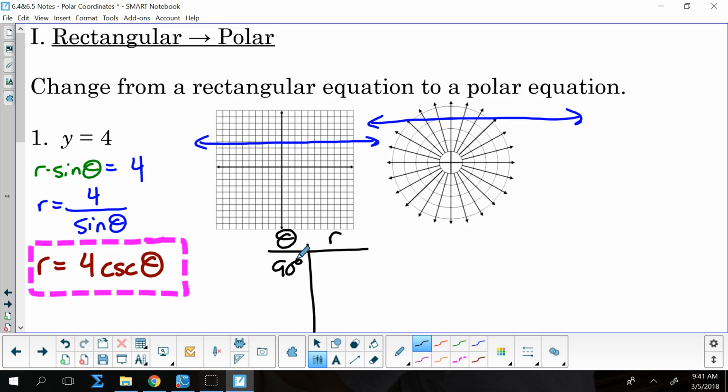What's the sine at 90 degrees? 1, right? 4 divided by 1 is 4. So that gives me an r value of 4, which is right there. Let's go to another one. Let's go to 30 degrees. What's the sine at 30 degrees?